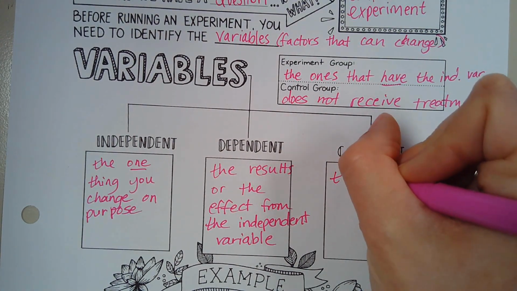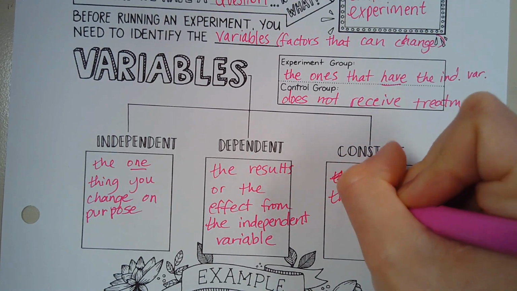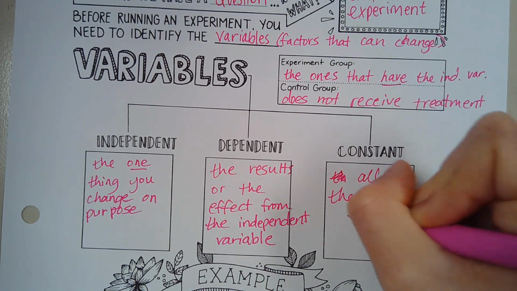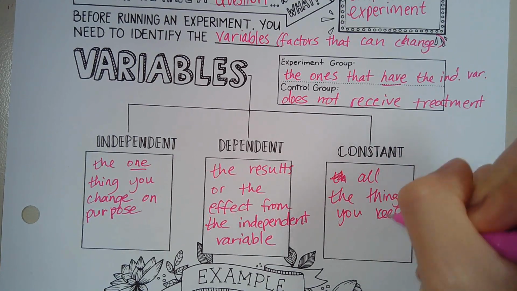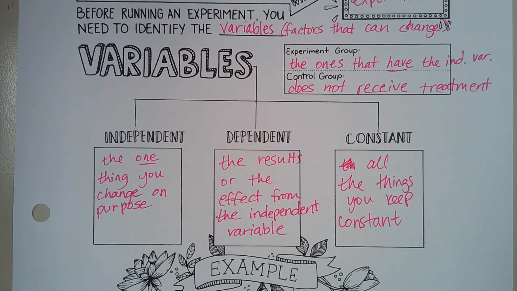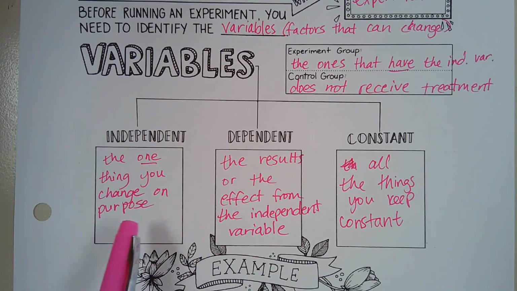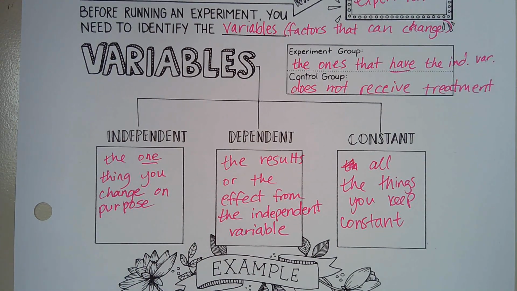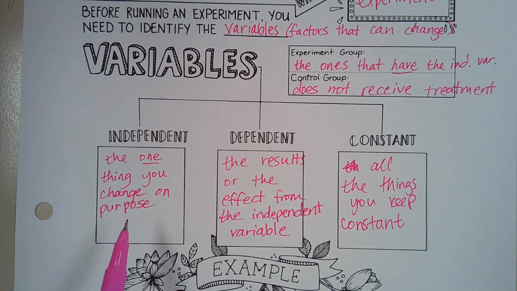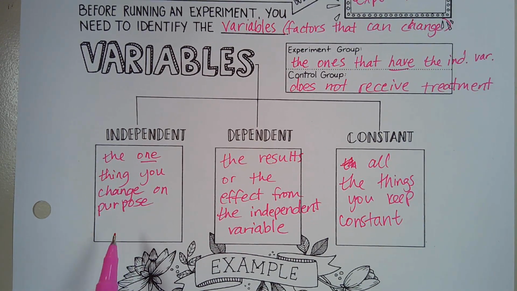Those are all the things you keep constant. Okay, so that baking soda and vinegar or OxyClean, or maybe you use different materials, right? Maybe you try peroxide or whatever it is that you're using to clean the stain. That would be the independent variable, the thing that you're using to clean the stain. Now there's many different varieties of that thing, but that's the thing that you're changing.